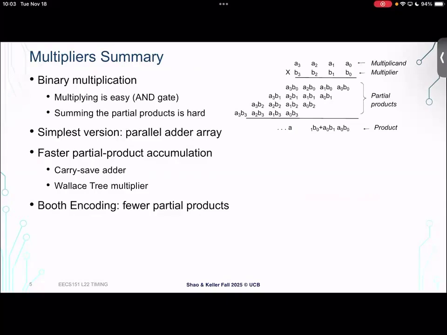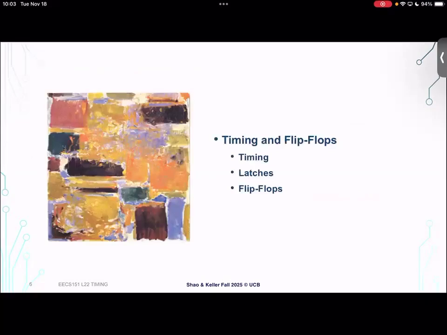You can use carry save adders, a special kind of adder that's very useful for adding multiple numbers together to add up those partial products. You can optimize it further into a tree structure called a Wallace tree. And then finally, we talked about Booth encoding as a way to reduce the number of partial products. So that's our whirlwind tour of multipliers.